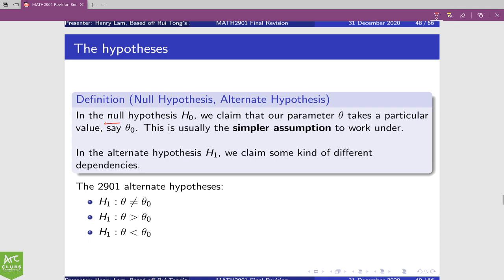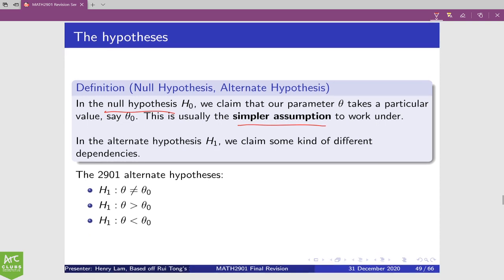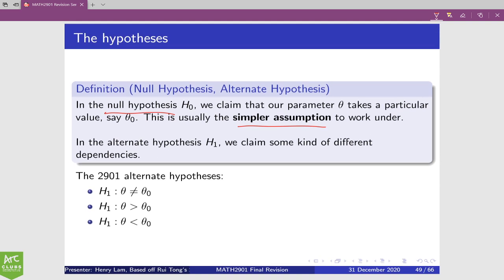Now, since the null hypothesis is the thing we assume, it's usually the simpler assumption, right? Because who wants to work with harder assumptions? That's just annoying, right? So we deal with the simpler assumption, and in this course, it's usually just a single value. Well, I think it's only a single value. So H0 is theta equals theta 0.